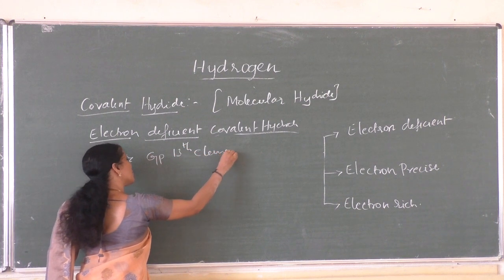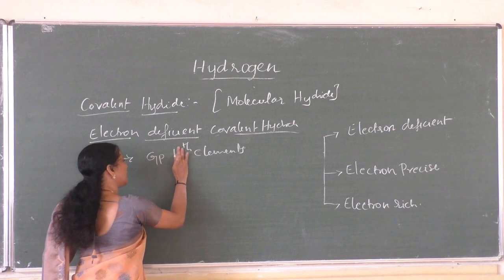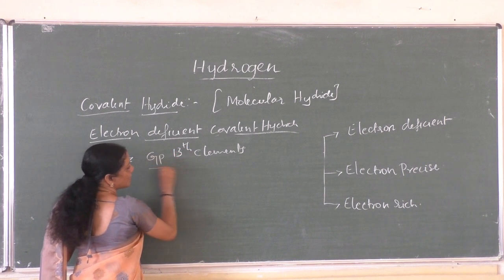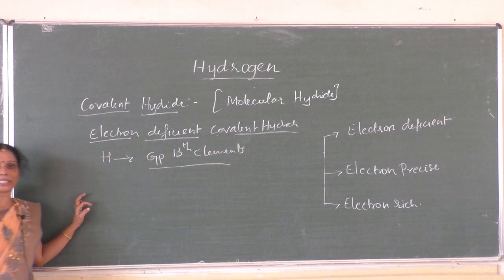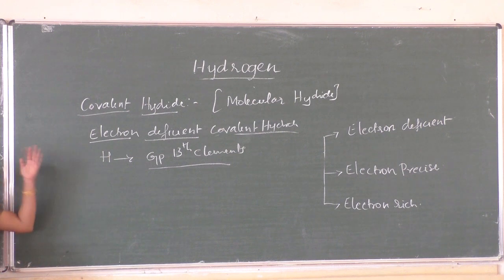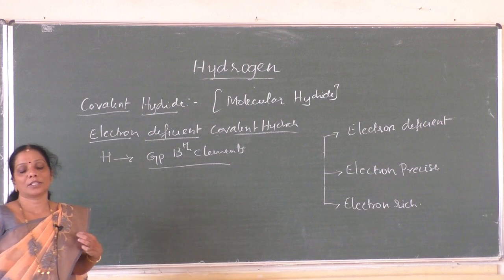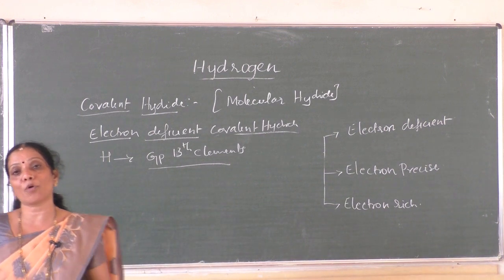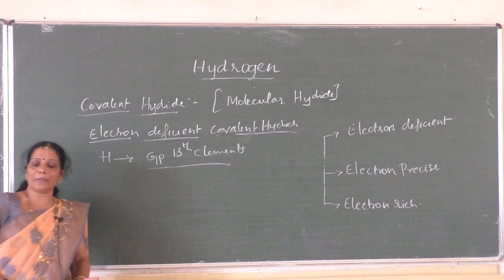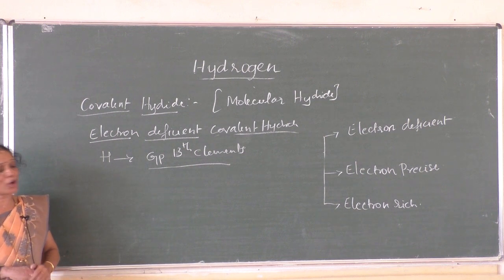Whenever hydrogen combines with the group 13 elements, such binary compounds are called electron deficient covalent hydrides. Listen here, students, the group 13 elements are also called the boron family, isn't it? All the elements belonging to group 13 are called the boron family.